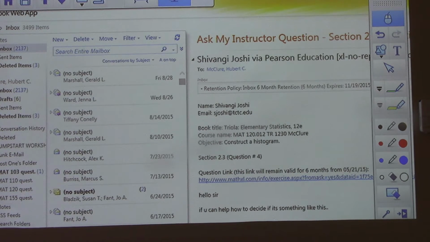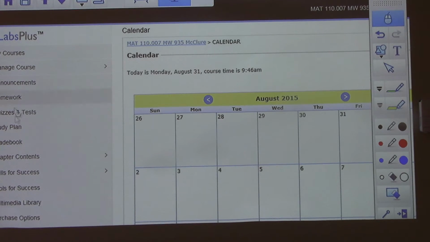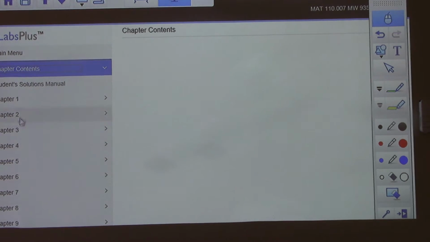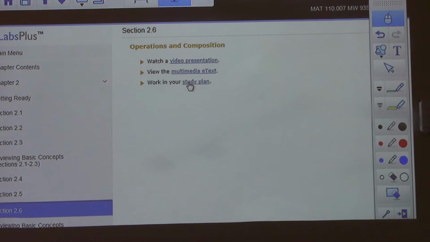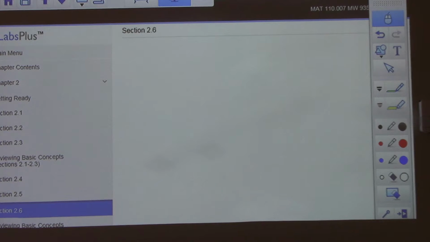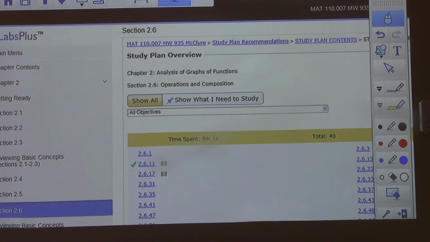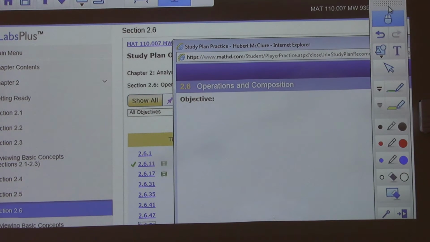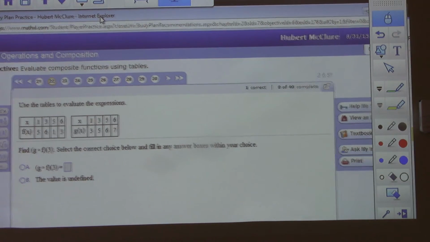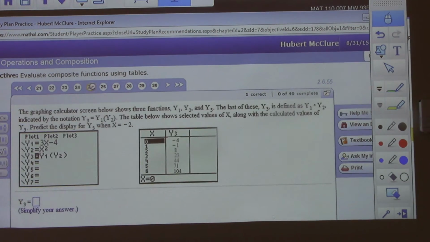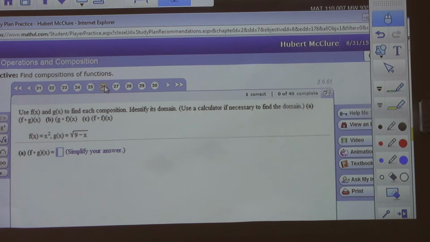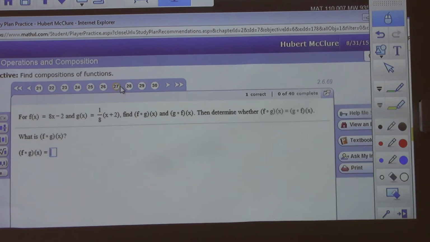Okay, 2.6. Let me go look right there. Let's do one more. Okay, we did some like those.